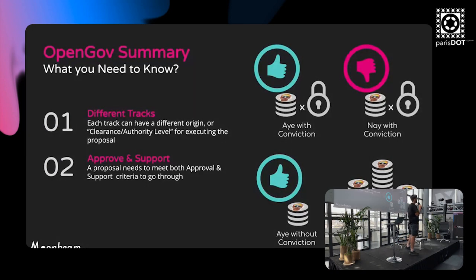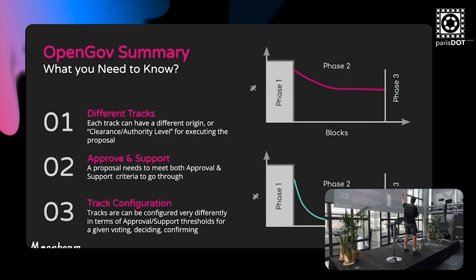And why these 2 things are important: when we talk about the configuration of a track, remember the little train tracks that you saw there, you'll see some phases, phase 1 where the proposals are going through pre-configuration stages. Then when the vote starts, which is phase 2, a certain referendum, depending on the authority level I was mentioning before, will have certain approval percentage rates.